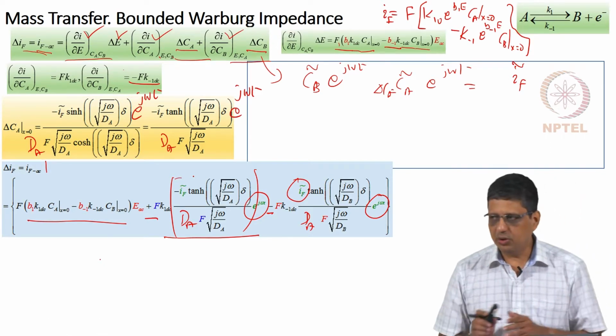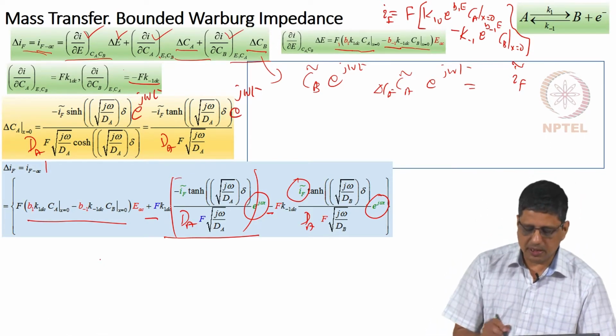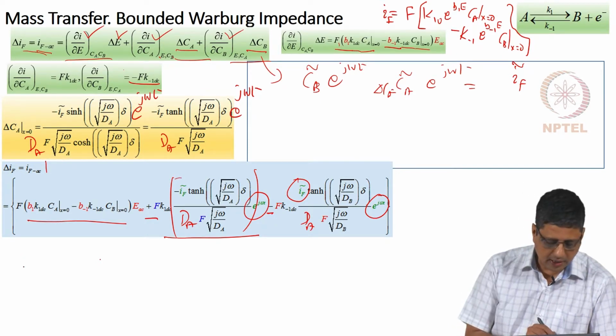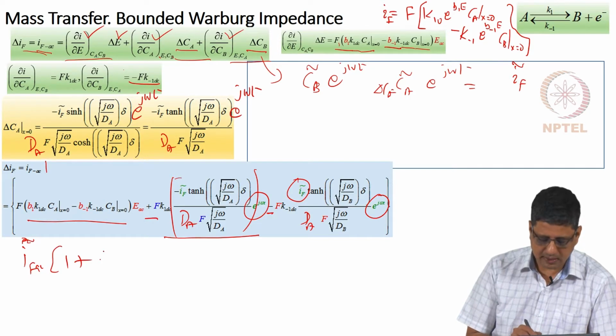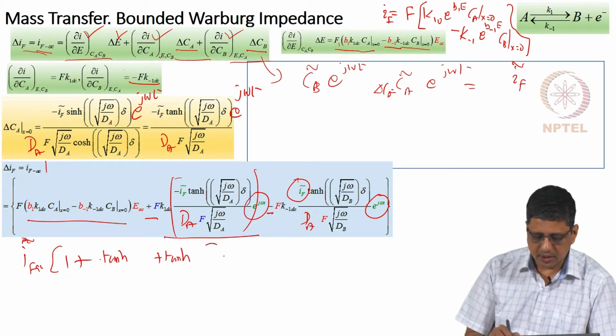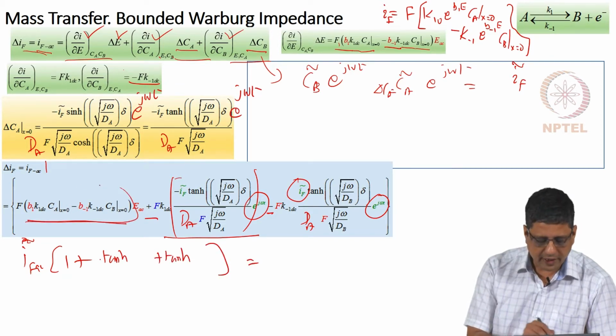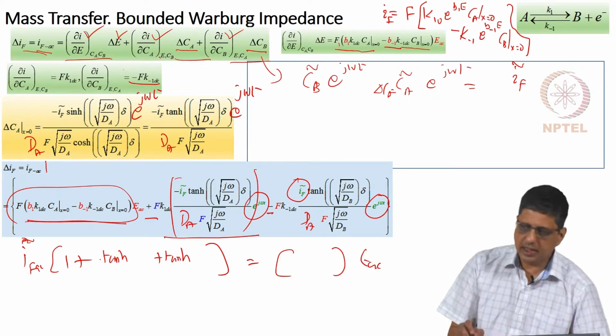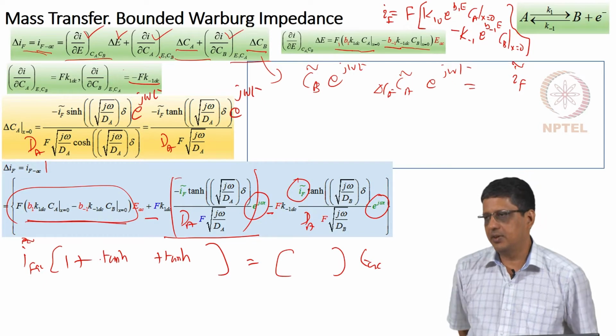So, when you bring them to the left side, this will also become positive, this will also become positive. So, you would get IF tilde or IF AC, 1 plus tan h something plus tan h something, and that is going to be equal to a factor multiplied by EAC. So, you can rearrange and get IFAC by EAC or EAC by IFAC.